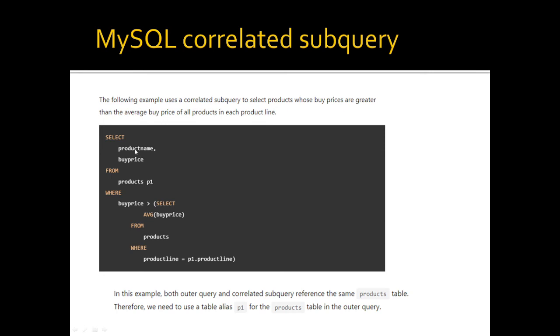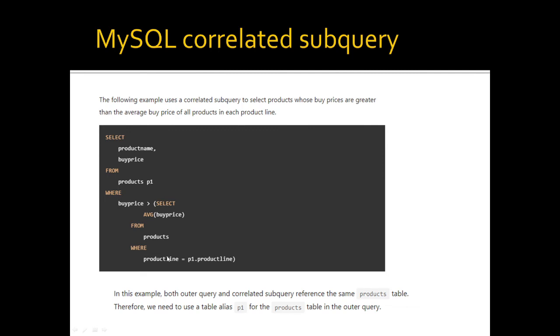You notice here that the product line should be equal to the product line of the outer query. That's why we have P1.productLine. So the subquery is dependent on the value of the outer query. That's why this is a correlated subquery. For each item here, we get the average of that particular product line.